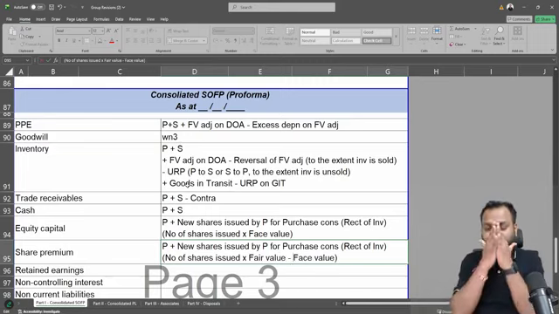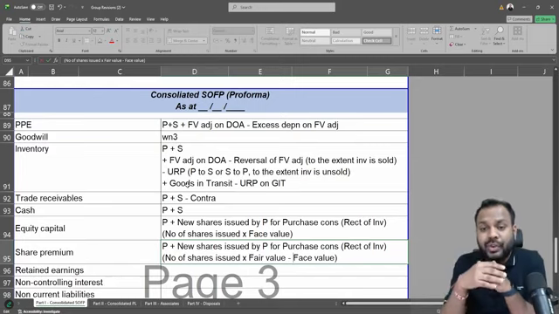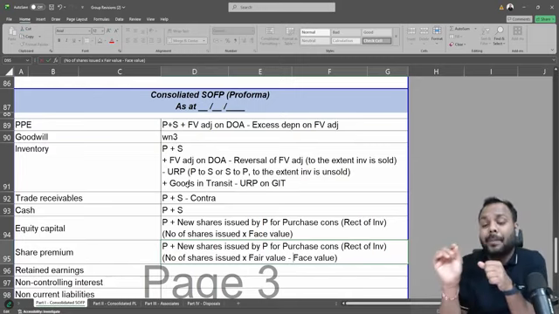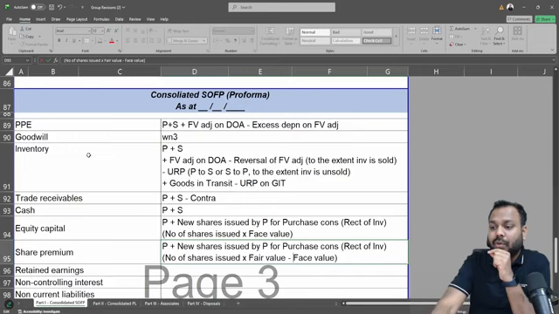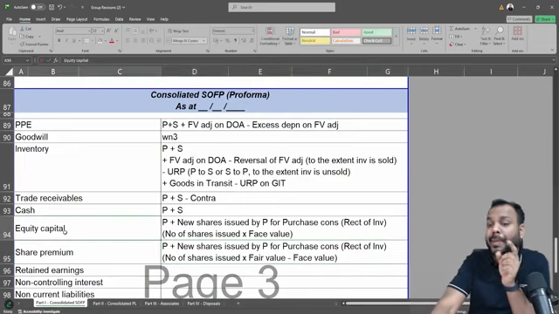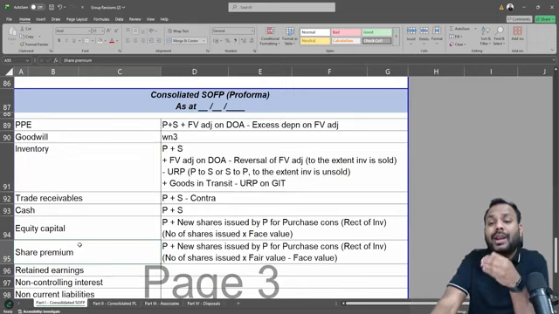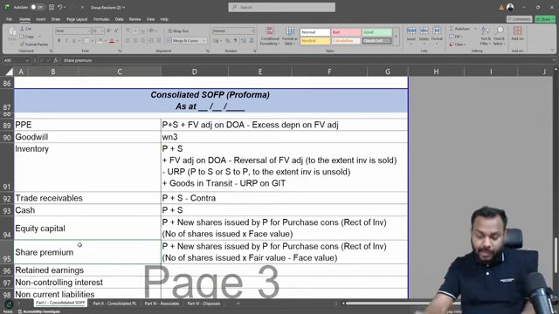So let's suppose the value at which the shares were issued was $3 per share, but the face value is $1 per share. So we will increase equity share capital by $1 per share, and will increase securities premium or share premium by $2 per share. So 1 will be here, 2 will be here. Any amount over and above the face value is called a securities premium, share premium.